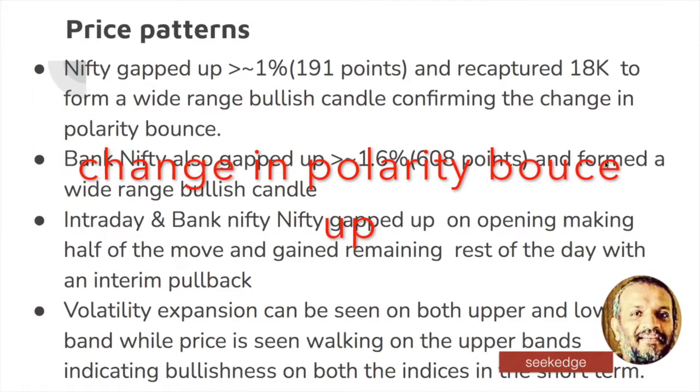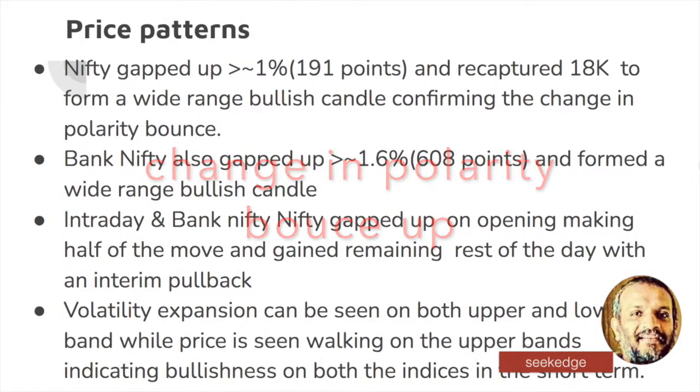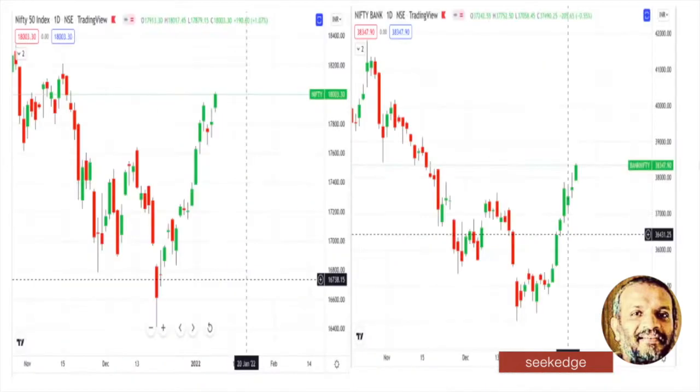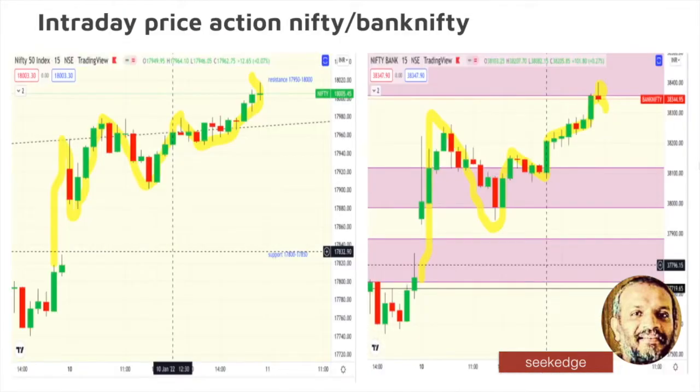How big is that? 1% up, 191 points on the Nifty and 600 points up on the Bank Nifty, right? And both had a morning gap up, intraday gap up is what you see here. This is what happened, right? It's a 0.5% gap up, and then there was a retracement at 11 to 12, and then further it was trending upside, breaking the 18,000 and much beyond.